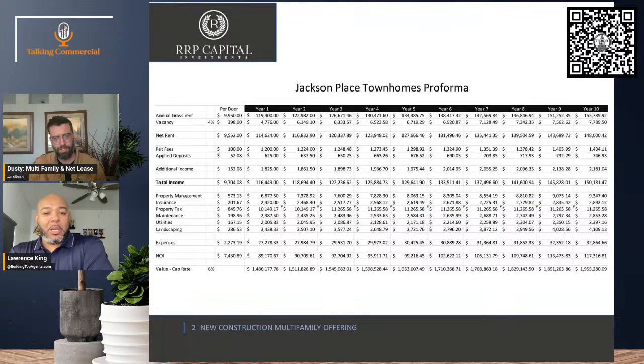This is something prepared for us to look at. But when you're getting a profit and loss from a client, a lot of times the taxes and the insurance, or at least one of the insurances, is not included on there. So make sure when you're reviewing these things that you look at timber. Make sure you check all those boxes, because those are major items that could be left off when you're looking at stuff.